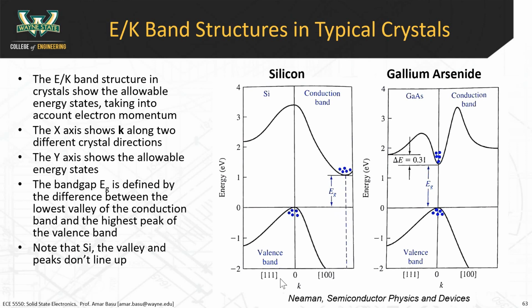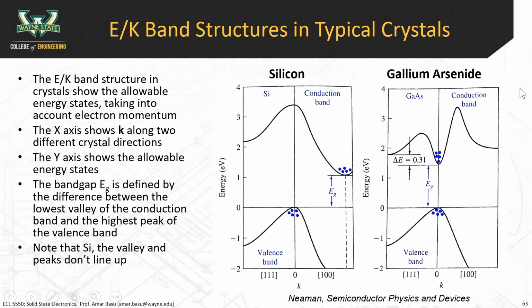An electron in the valence band is bound to the lattice, so it's not moving, and that's a stable energy state. Another energy state in silicon is moving in the 1, 0, 0 direction at a certain momentum, loosely bound to the lattice, and so it's in the conduction band.